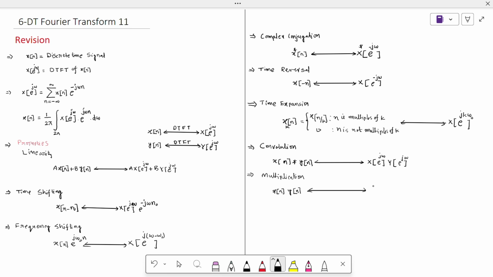The convolution here, I would like to write the formula: 1 by 2 pi integral over 2 pi, the convolution between the frequency domains. So first change the variable: x of e power j theta, y of e power j omega minus theta, into d theta.